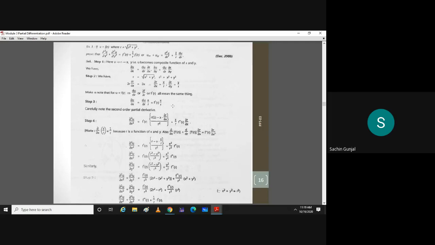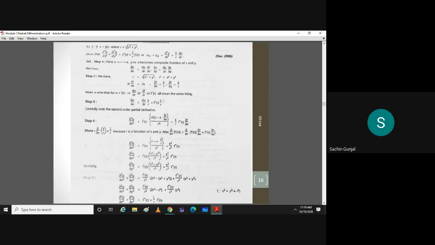What is the derivative of x/r with respect to x? Is it 1/r? No, because r is also a function of x. Good. So the derivative of x/r with respect to x is not 1/r, because r is indirectly a function of x and y.